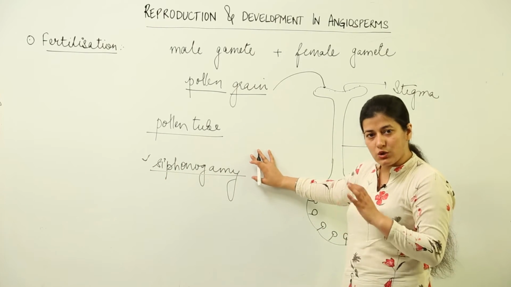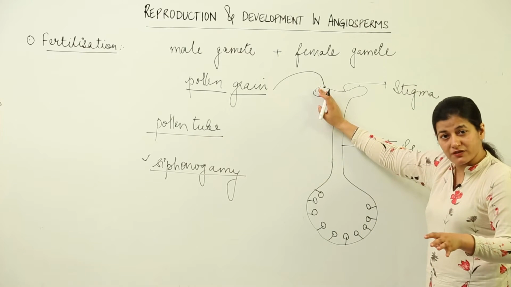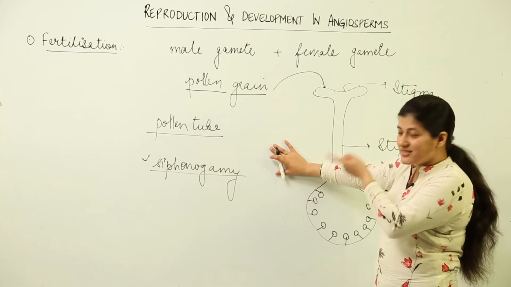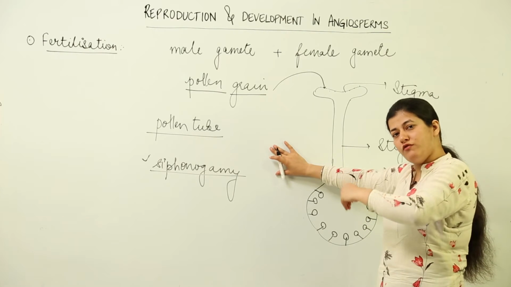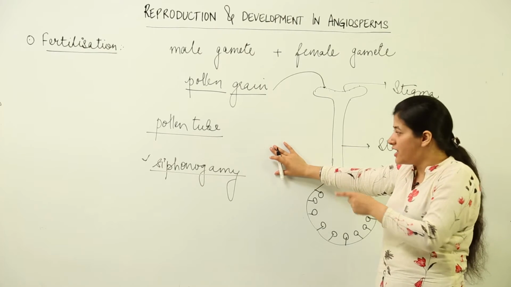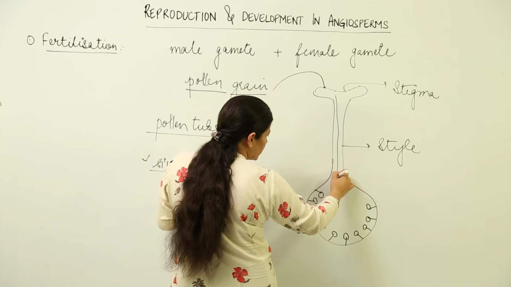Siphonogamy is the event in which the pollen grain, on reaching the stigma which is receptive to it, forms the pollen tube. Now, the pollen itself does not move through the pollen tube. It is the pollen tube that is formed by eating up the tissue of the style.